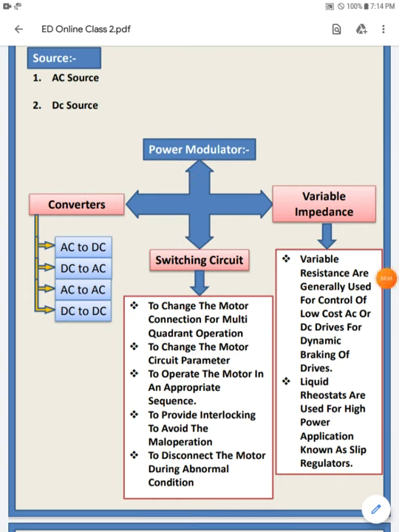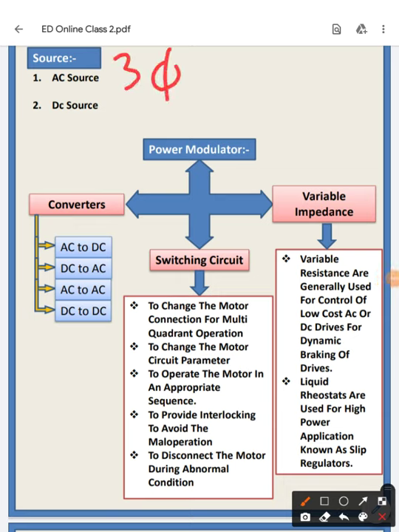In the case of a three-phase system, you will find different kinds of voltages. The three-phase system starts from 400 volt AC.